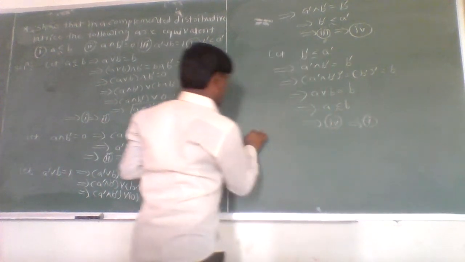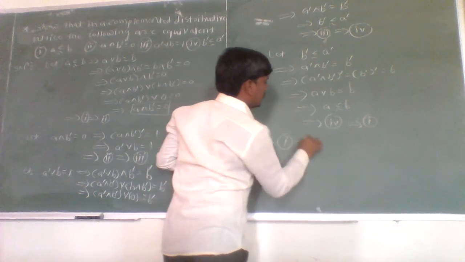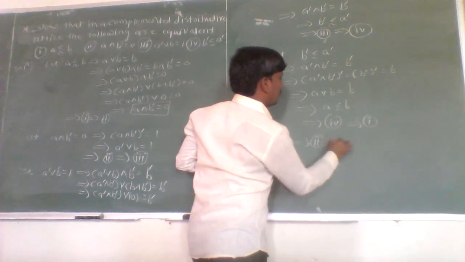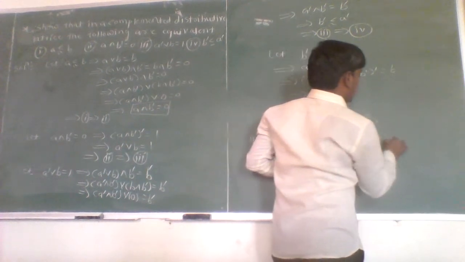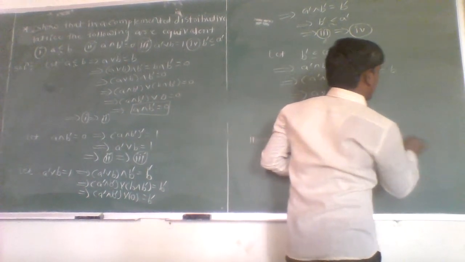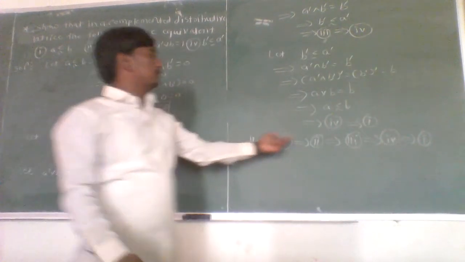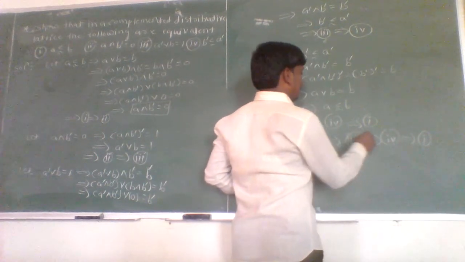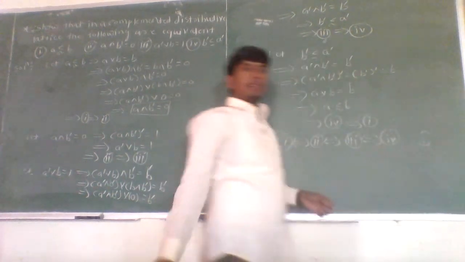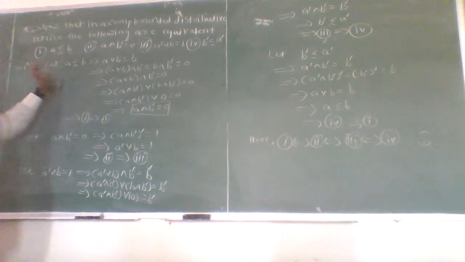So here 1 implies 2, 2 implies 3, 3 implies 4, and 4 implies 1, which means these are if and only if statements. From this we conclude that the given 4 statements are equivalent.